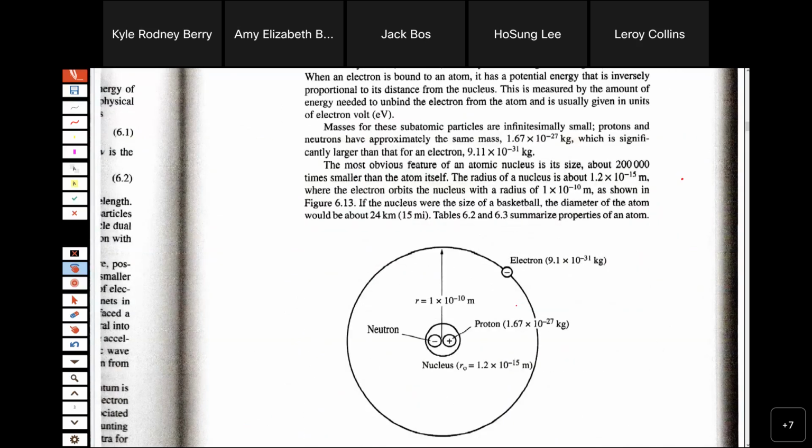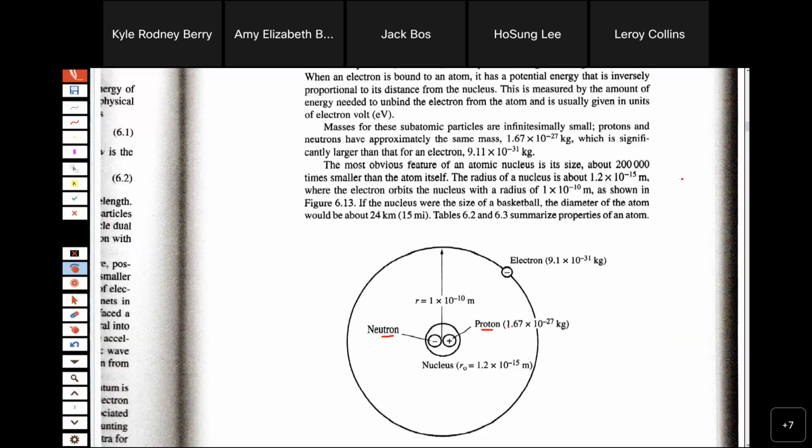The atomic structure: the nucleus is a proton, maybe some neutrons, and then the electron is kind of orbiting.